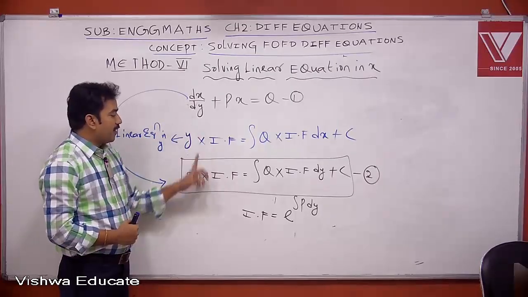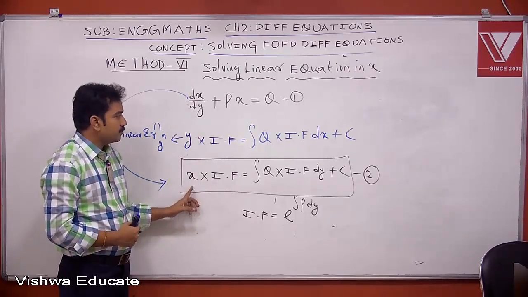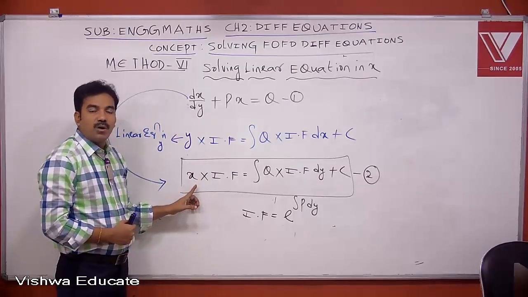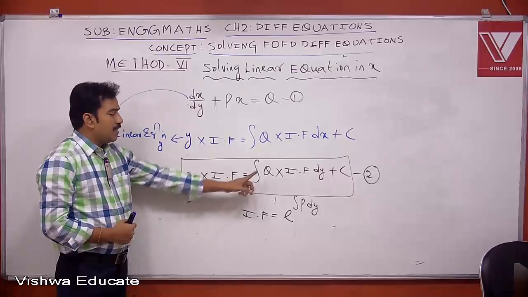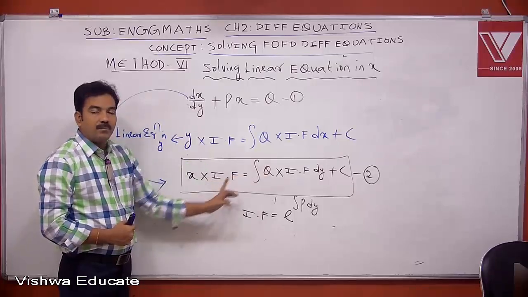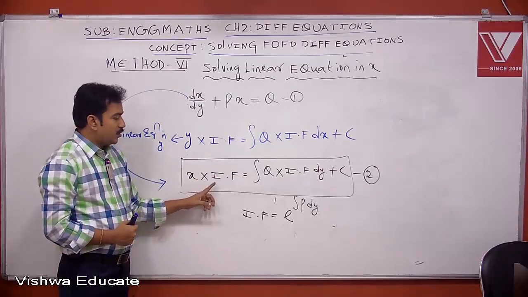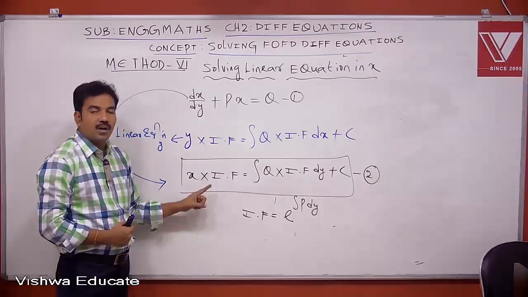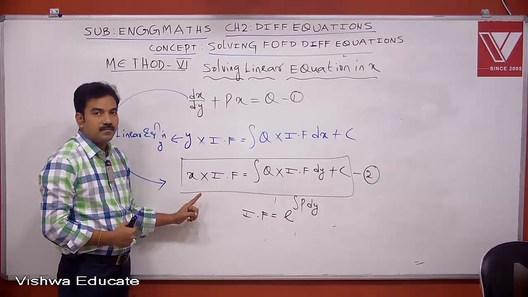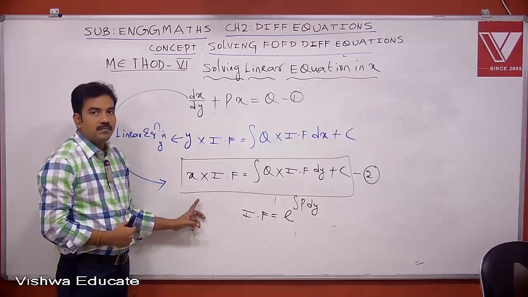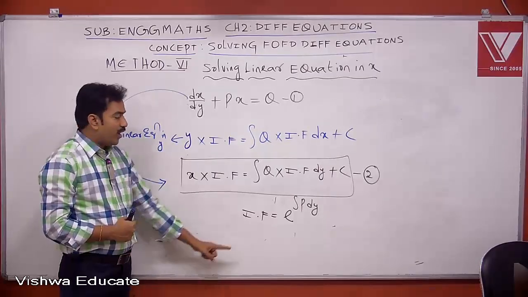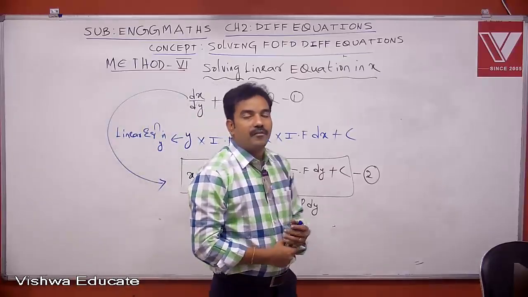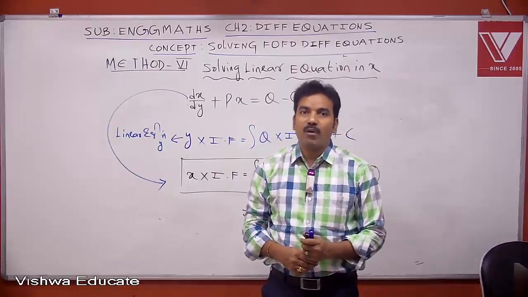The general solution of equation 1 is x times IF equals the integral of Q times IF dy plus c. Highlight this and call it equation 2, where IF equals e to the power integral P dy.